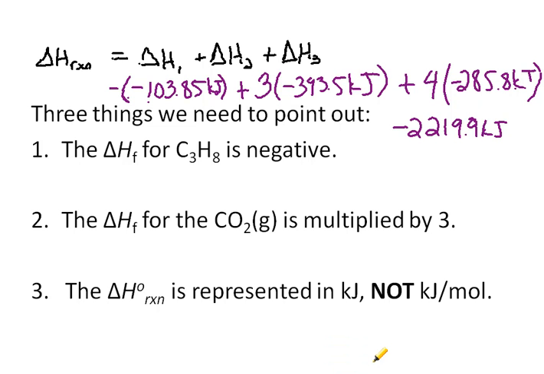Some things that we wanted to point out: the formation for C3H8 is negative, so we need to reverse that sign. The formation for CO2 is multiplied by 3 because of the coefficients.